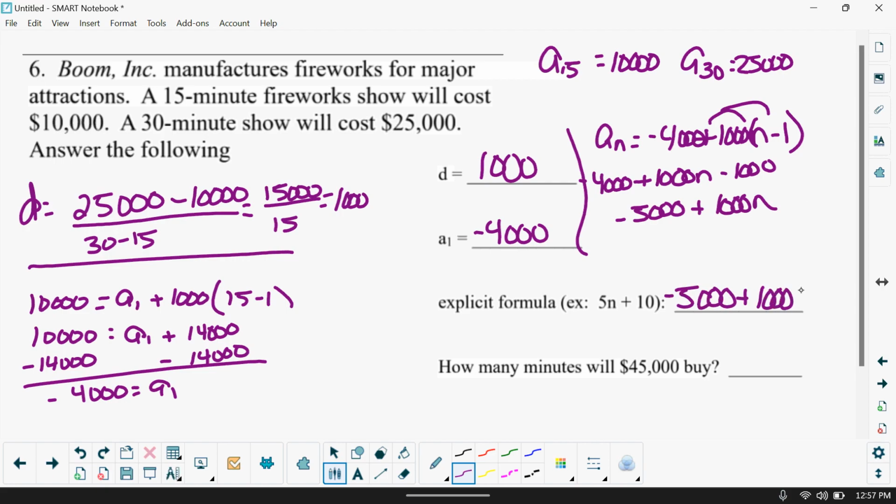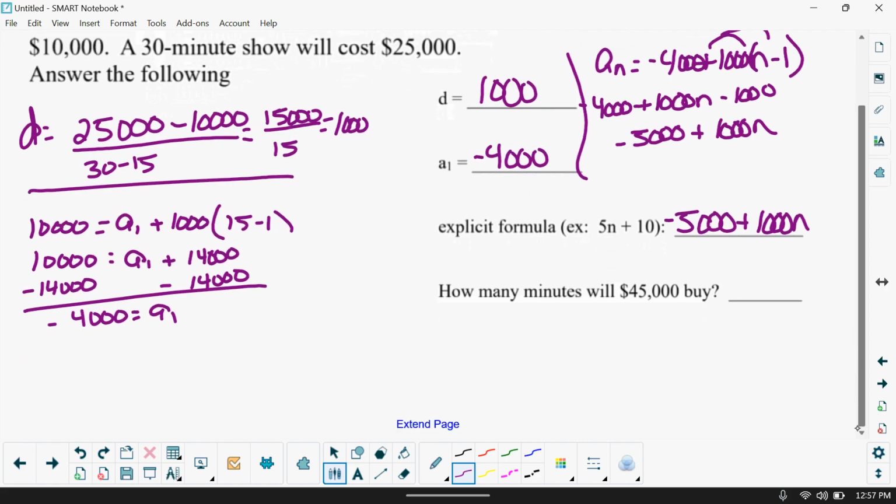How many minutes would it take to buy $45,000? So we're going to set this equal to 45,000 in this equation and solve for n. So add 5,000.